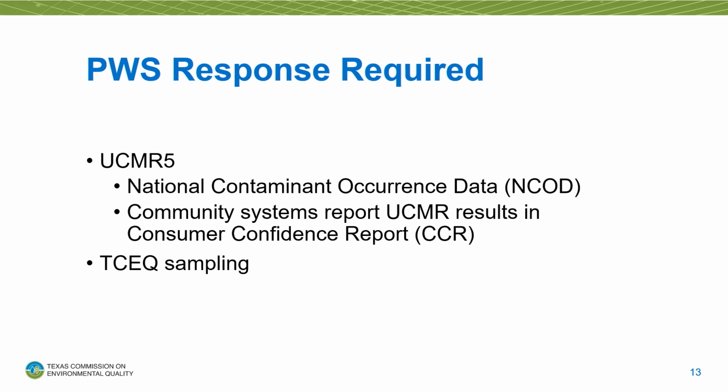That lab would then post to SDWARS, and you can find the data results using the National Contaminant Occurrence Database. If unregulated contaminants are found through that UCMR 5, then they would have to be reported in the CCR.